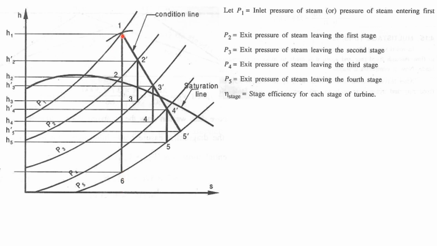And corresponding to this expansion, we have the actual expansion line, 1 to 5 dash.